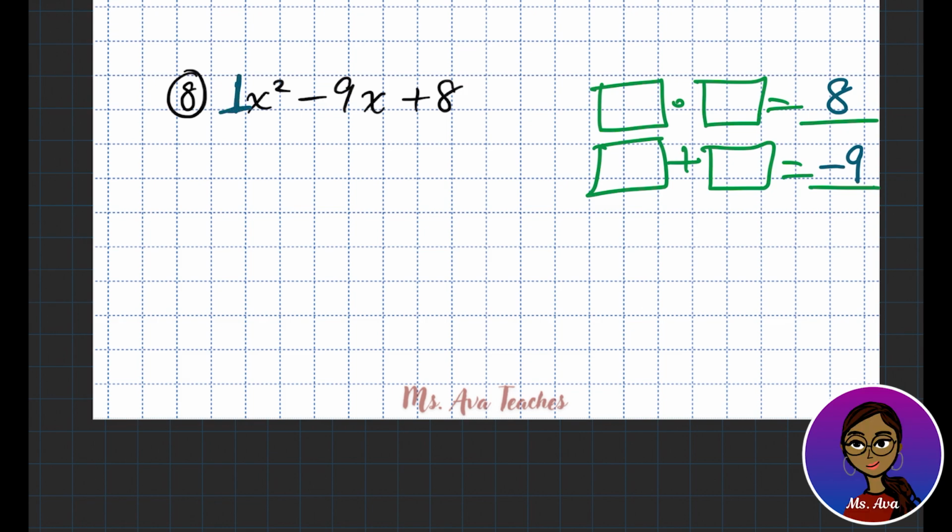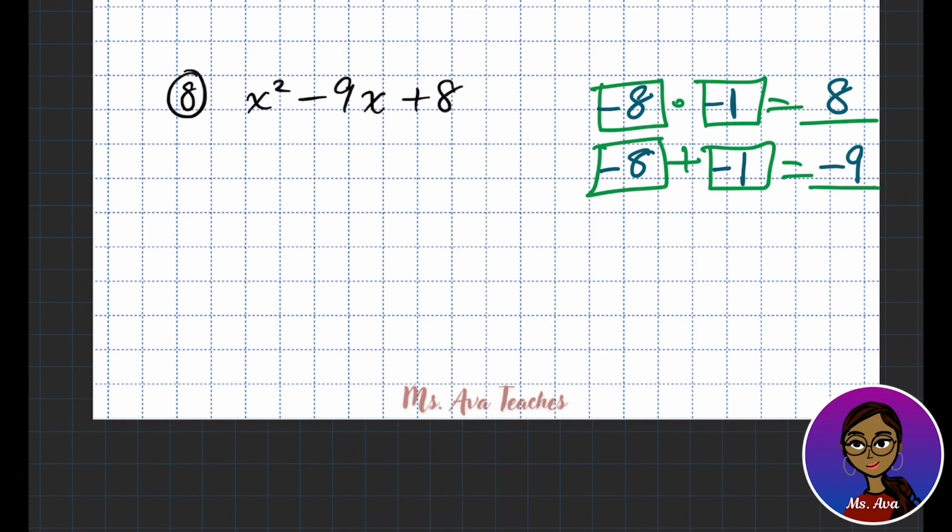Yes, exactly. It's an invisible 1 right there. Okay, so then two numbers. What are the two numbers going to be? What do you think? So could we use 8 and 1? Yes, and the signs? They would both have to be negative. Yes, that's what's going to give us the negative 9.